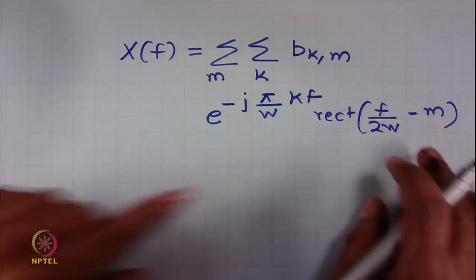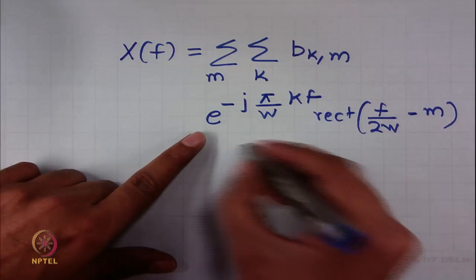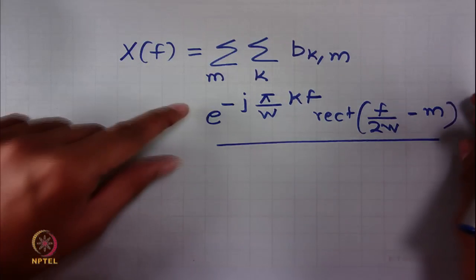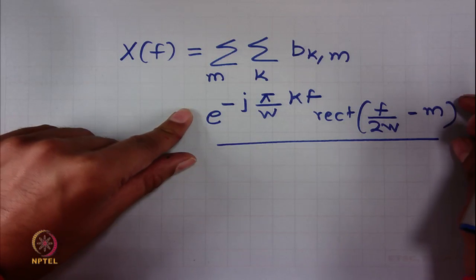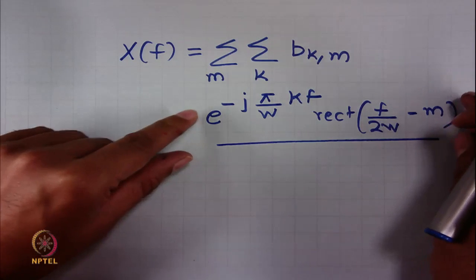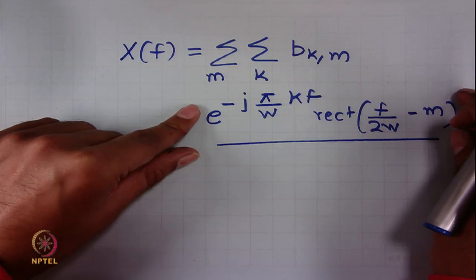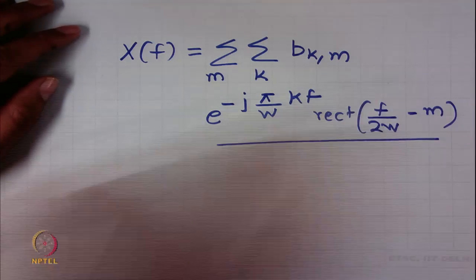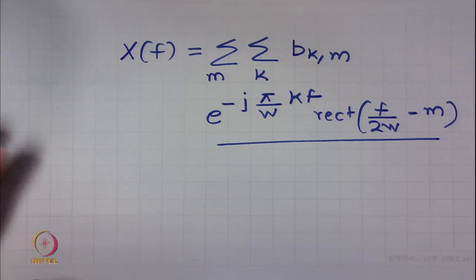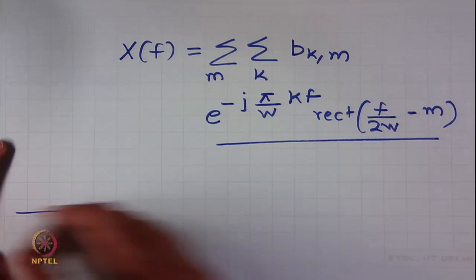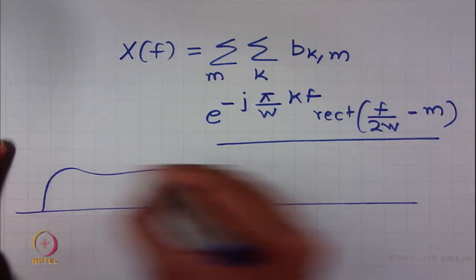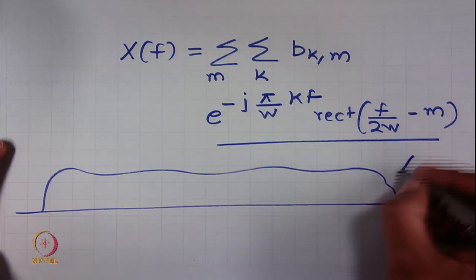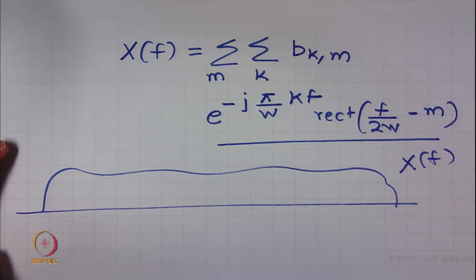So, what we are saying here is, again we use these as orthogonal functions, and using these orthogonal functions we can carry out a double sum expansion by using the ideas that we developed using DTFTs. Let us assume that I have a signal, and this is the spectrum of the signal.